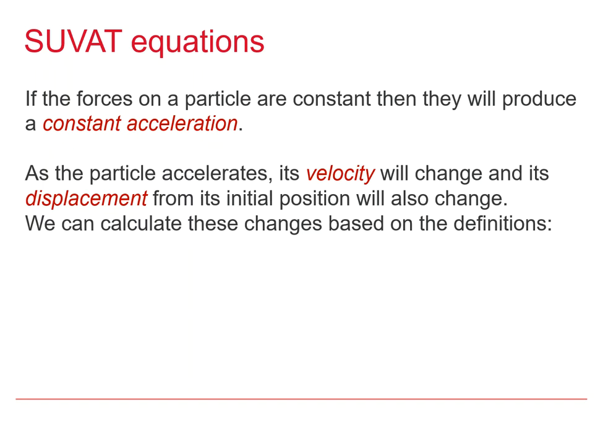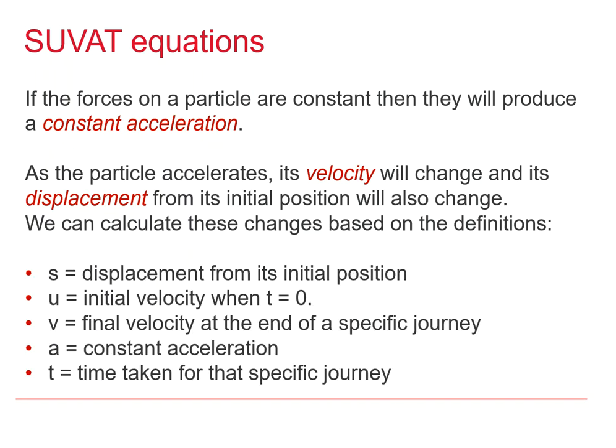And so we will then calculate all the changes that take place, with the variables defined in the following way. So we use the letter s to stand for the displacement of the particle from its initial position. That means that at its initial position, when t is equal to 0, the displacement will be 0.